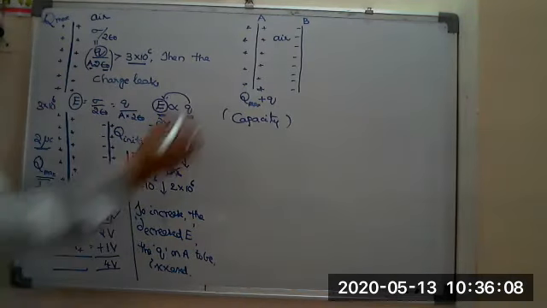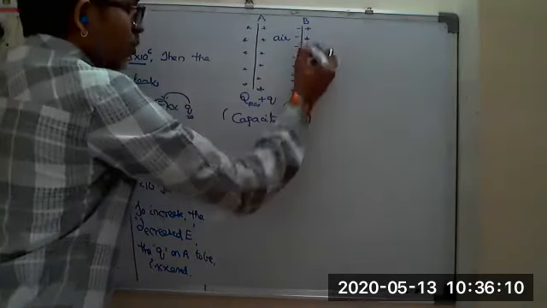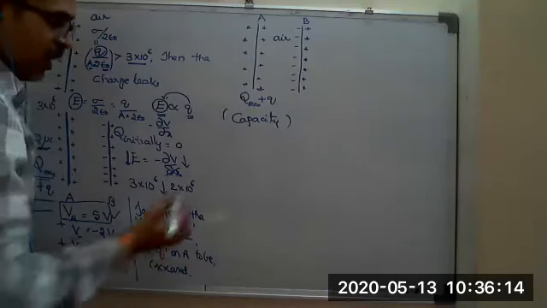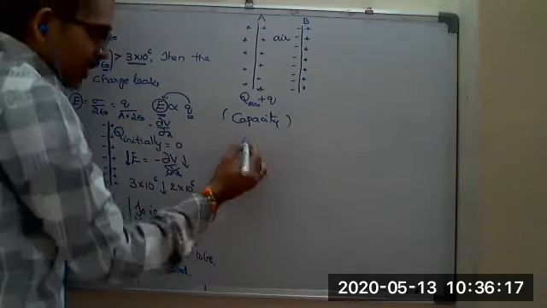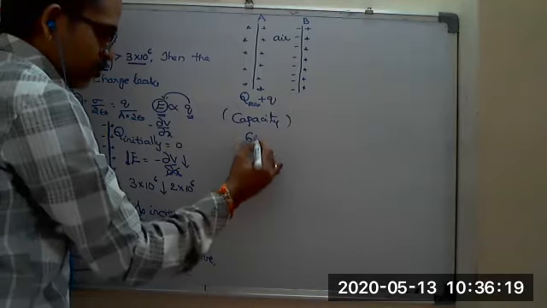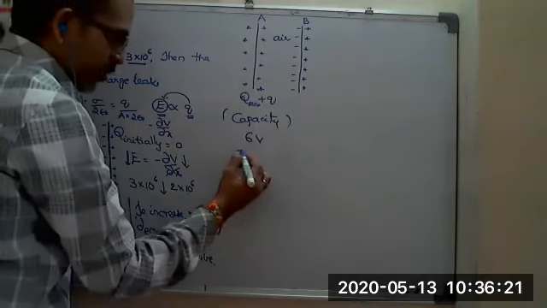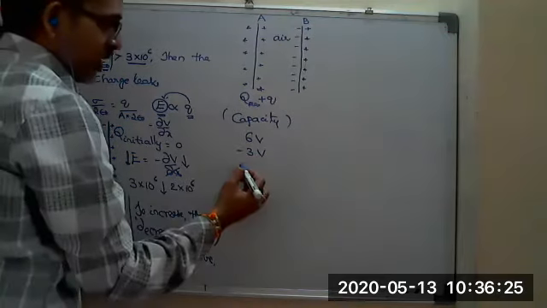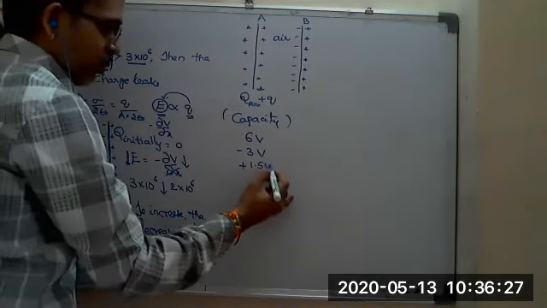So here, if there is no positive charge on the other side, suppose the self potential I assume some value, say 6 volts. Due to the negative charge you are getting, say, 3 volts. Due to the positive charge, say, you are getting plus 1.5 volt.